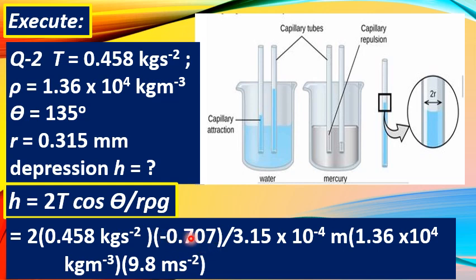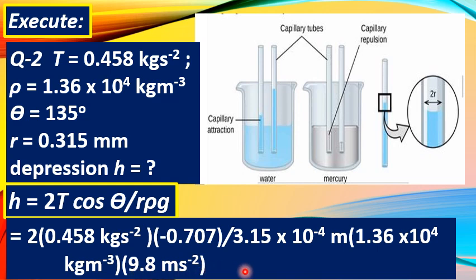So this product will be divided by the product of r, which is 3.15 times 10 to the negative 4 meters, multiplied by the density of mercury, 1.36 times 10 to the fourth kilogram per meter cube, and the value of g, 9.8 meters per second squared.